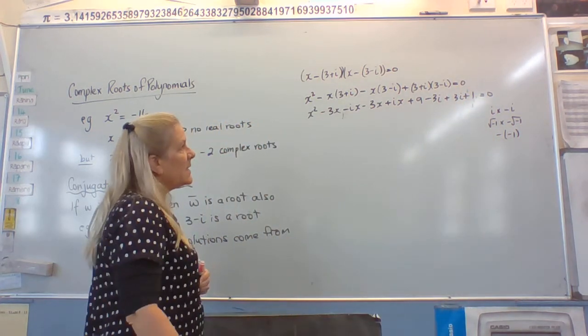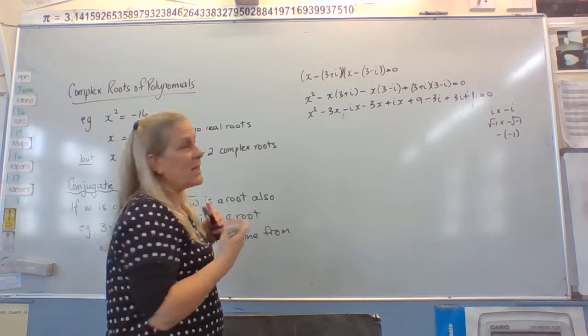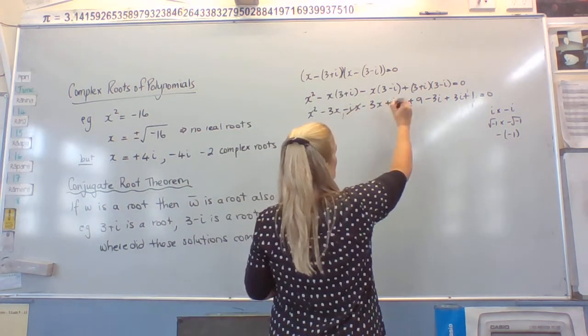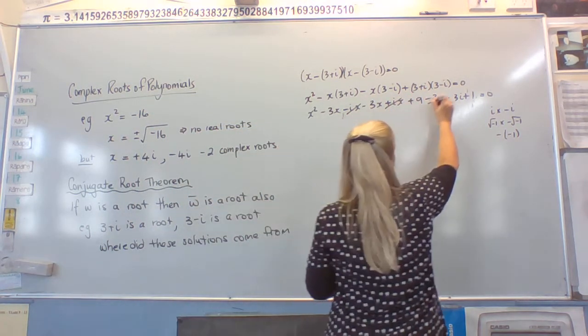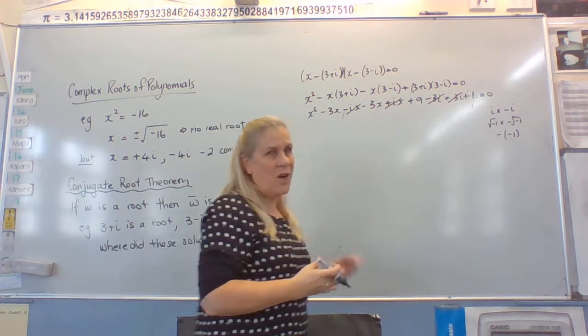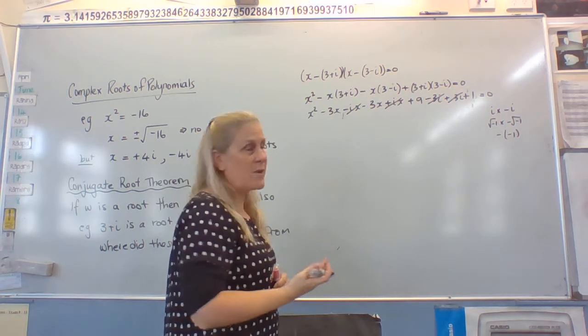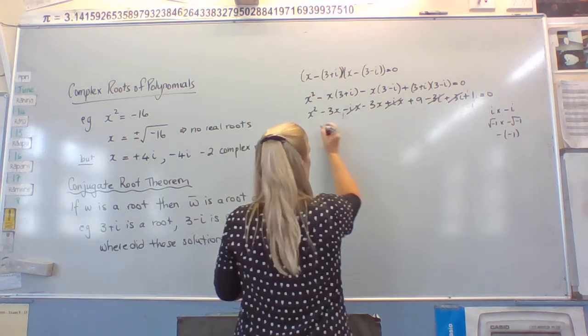Now we can tidy this up. The i terms cancel, and we should end up with no i's left because we don't have an i in this quadratic equation.